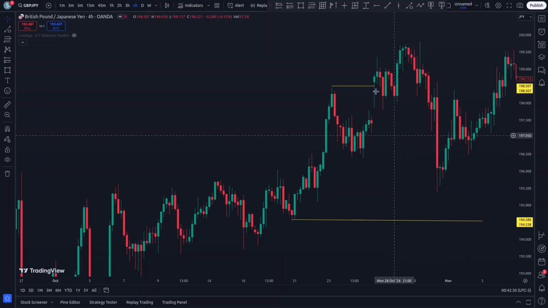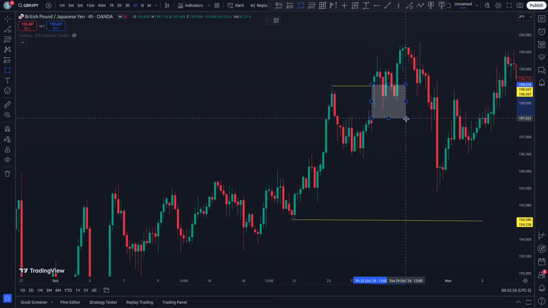We have an area where trade did not happen. Market closes here at this point, then opens at this range. This range becomes our area of imbalance.